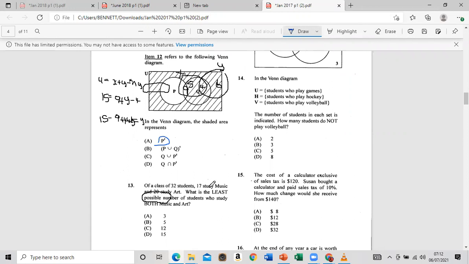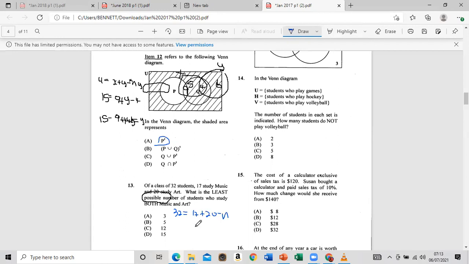Of a class of 32 students, 17 study music and 20 study art, what is the least possible number of students who study both? So 32 is equal to 17 plus 20 minus the intersection, right?